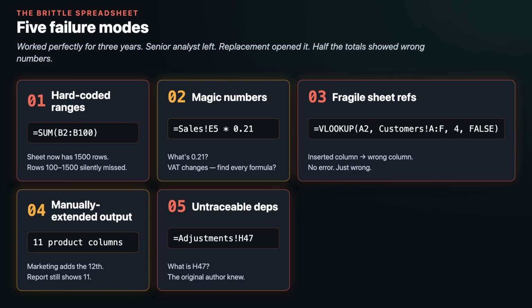Third, fragile sheet references. Insert a column upstream and VLOOKUP returns the wrong column with no error. Fourth, the report shows 11 products when there are 12. And fifth, formulas that point at unlabeled cells like adjustments H47.